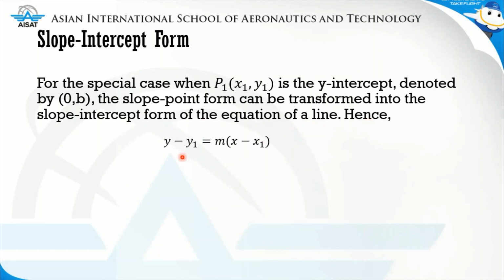Hence, if you have y minus y sub 1 is equal to m times x minus x sub 1, transposing y sub 1 to the right, we will have y is equal to m times x minus x sub 1 plus y sub 1. Now we know that our x sub 1 and y sub 1 is (0, b), so substituting that, we'll have y is equal to m times x minus 0 plus b. And we know that x minus 0 is simply x, so we'll have y is equal to mx plus b.